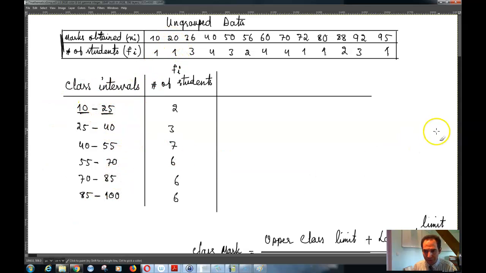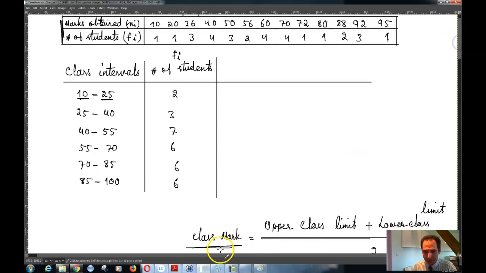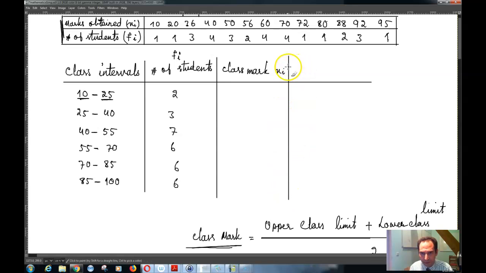Now the class mark that we defined here is going to serve that use. So now that we have talked about the class mark, what we need to do is calculate the class mark, or x of i.